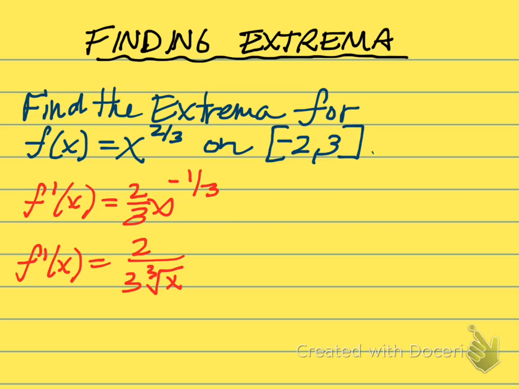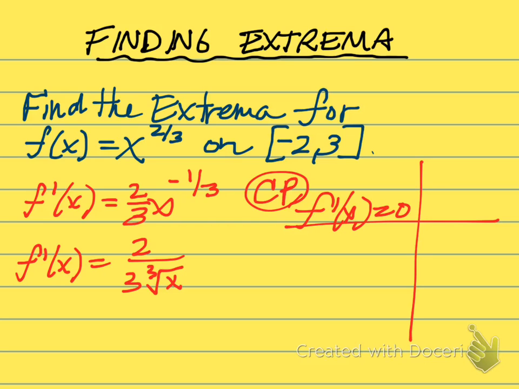Critical points are located where the derivative is either equal to 0 or where the derivative does not exist. So for critical points, the derivative is equal to 0 or the derivative does not exist.